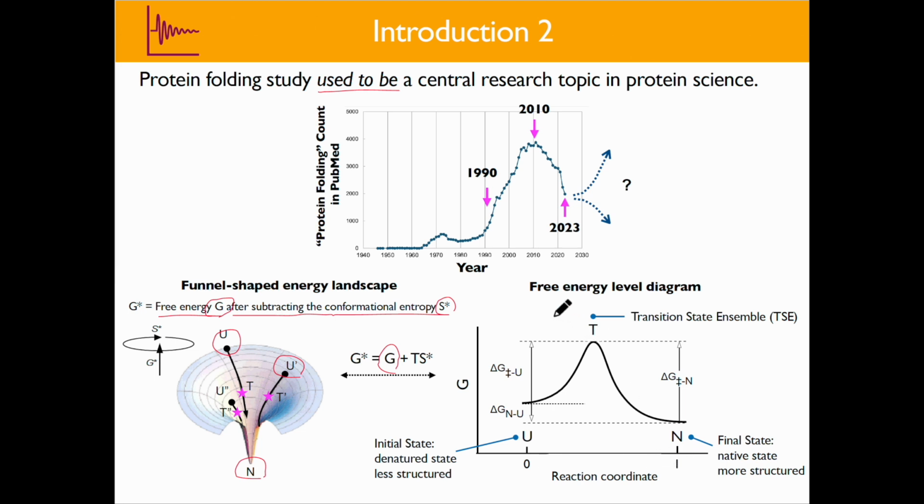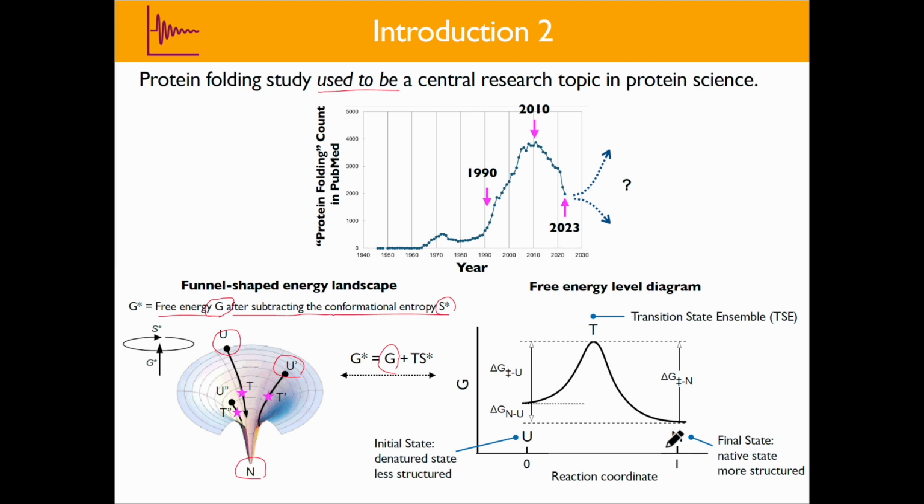This is a more familiar free energy level diagram. The starting initial state is U, a denatured or less structured state, and the final state is N, the native or more structured state.